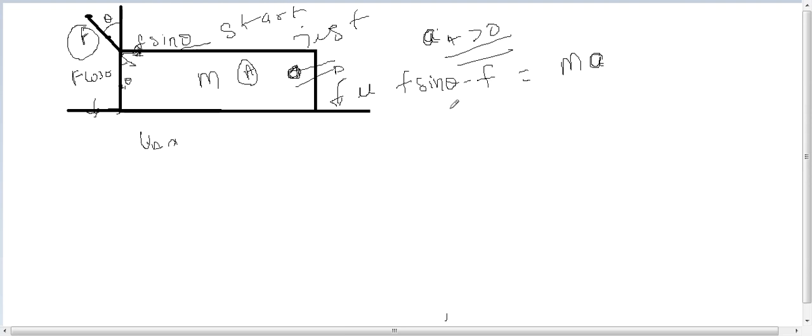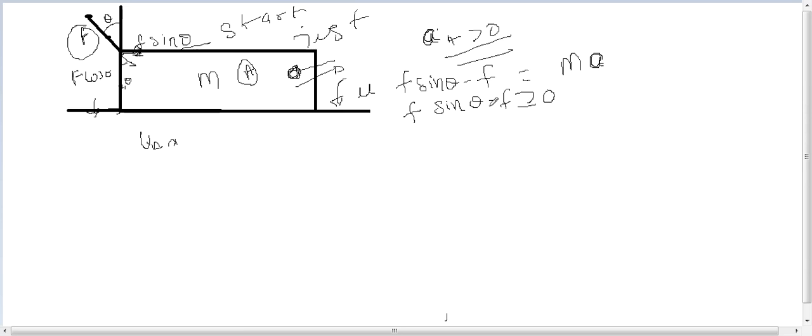Okay guys, so here F sin theta minus f must be greater than 0.